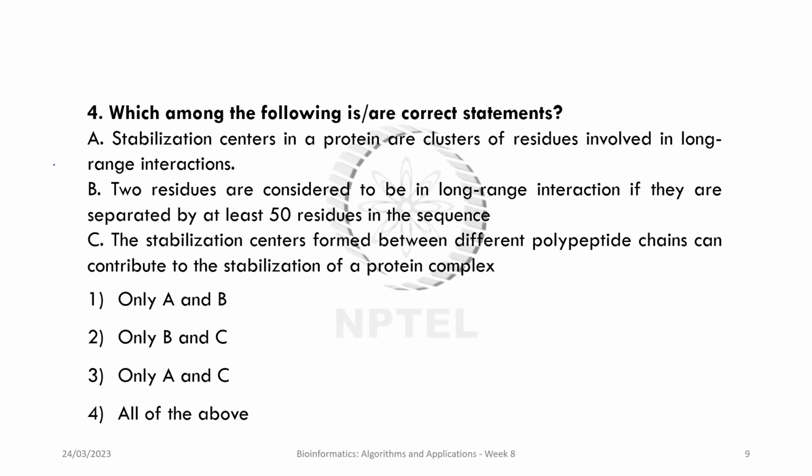And C. The stabilization centers formed between different polypeptide chains can contribute to the stabilization of a protein complex. Since there are ABCs here, I'm using 1, 2, 3 as options.